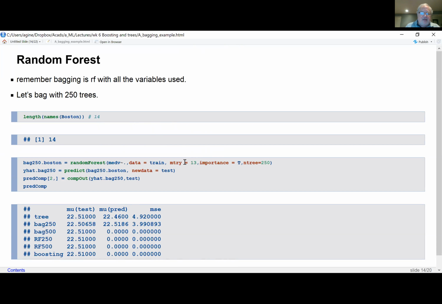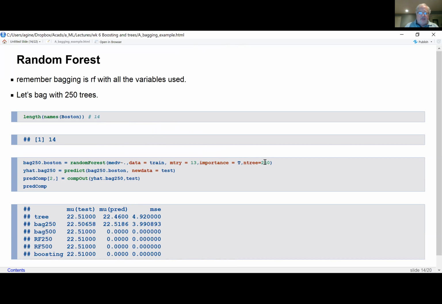So in fact, if you had a photographic memory, or take my word for it, there are 13 independent variables. So when I say mtry equals 13, I am saying use all the variables at every split. So I'm not doing a real random forest, I'm just bagging. Okay? So this is the formula, and importance equals true.